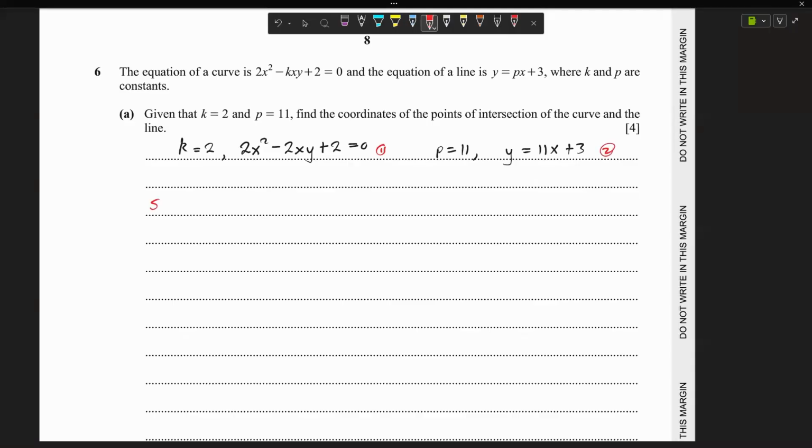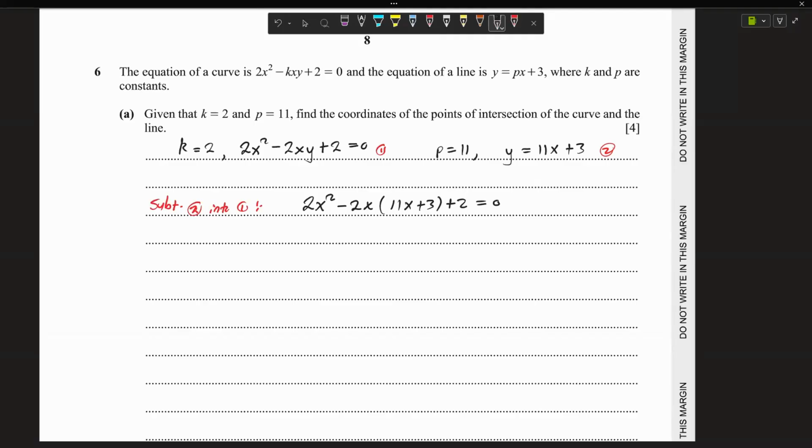So we're going to substitute equation 2 into equation 1 to combine them to make one equation. So equation 1 will now be 2x squared minus 2xy. For y, we put 11x plus 3, and that's going to be plus 2 equal to 0.